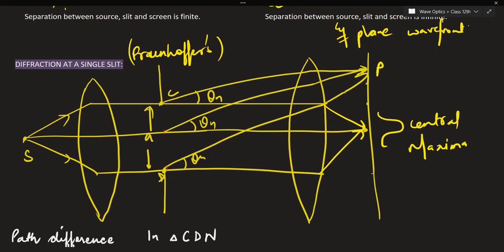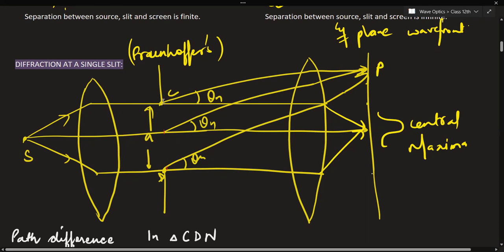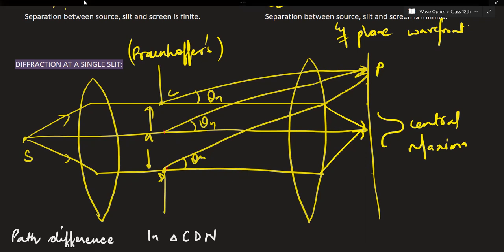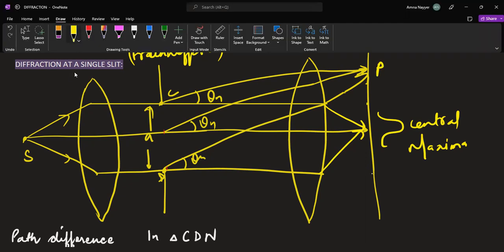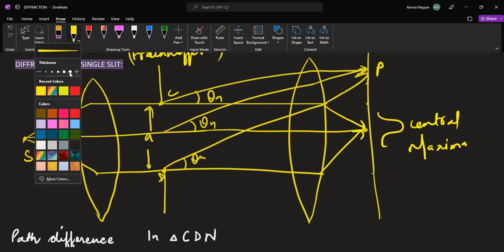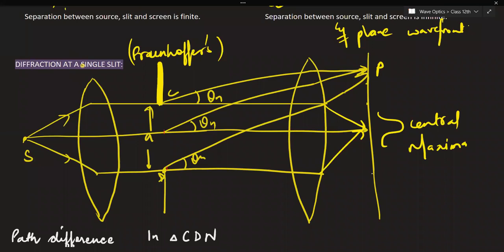Let's say this is some point P, and when the light rays came, let's say this screen acted as an obstruction.